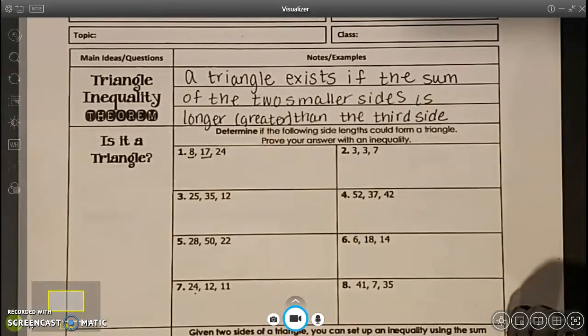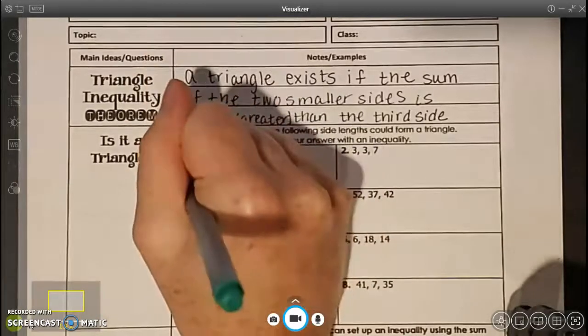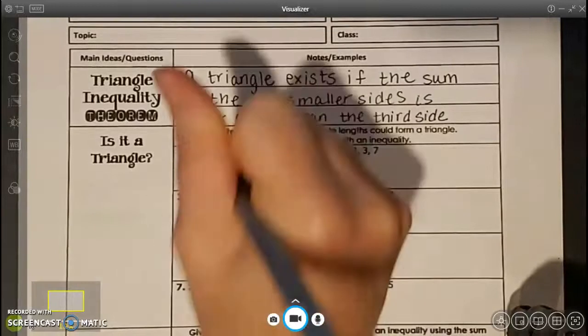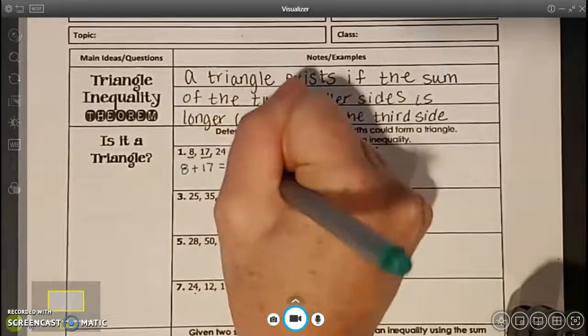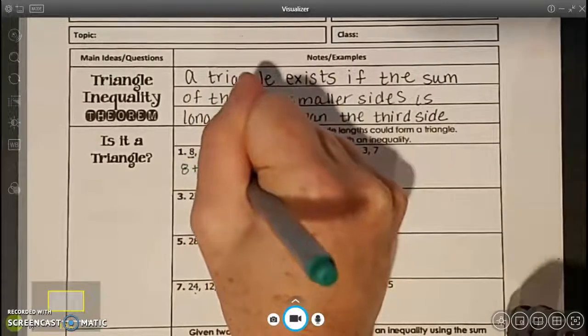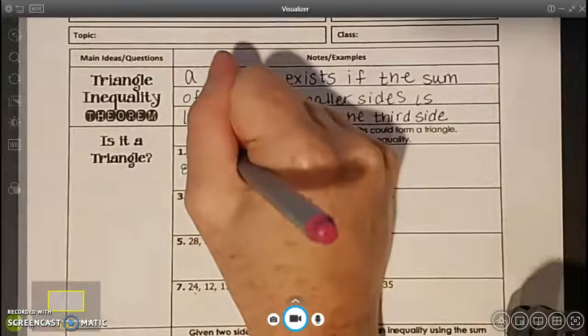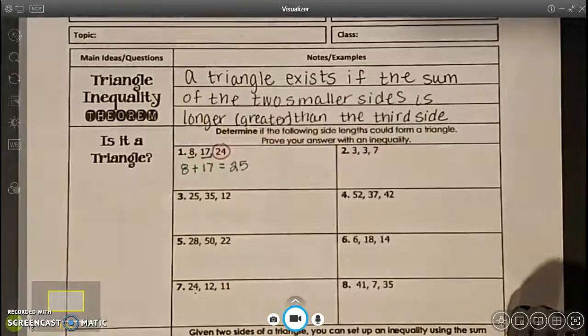So 8 plus 17 is equal to 25. And then we want to know, is 25 greater than the third side or the longest side, which is 24? So the answer is yes.